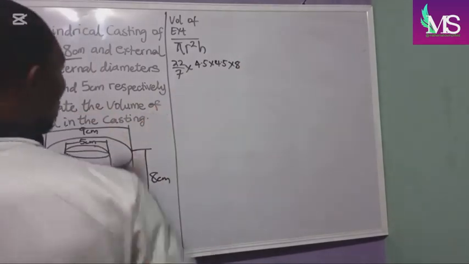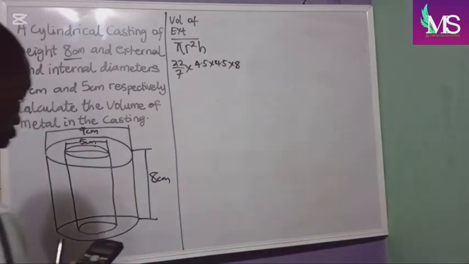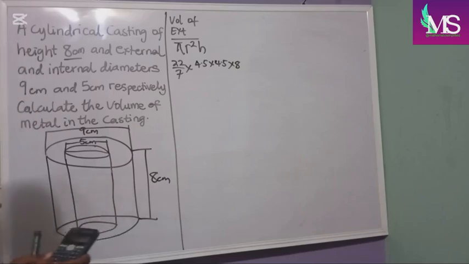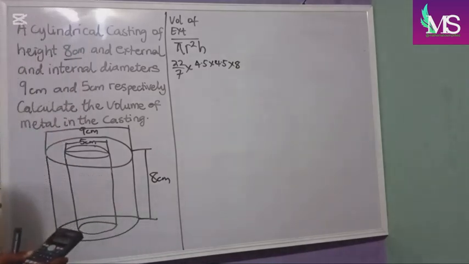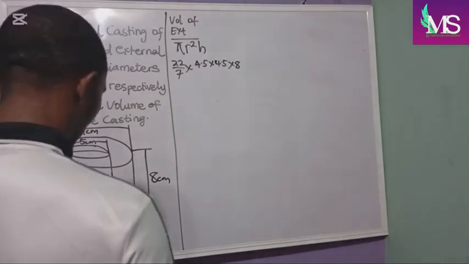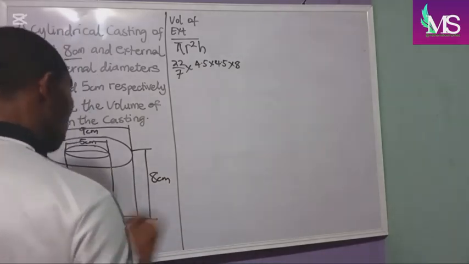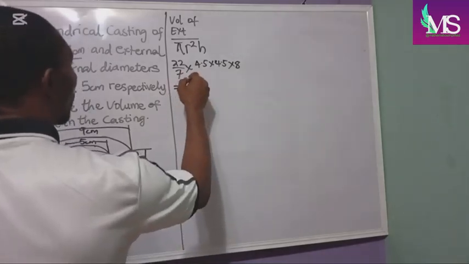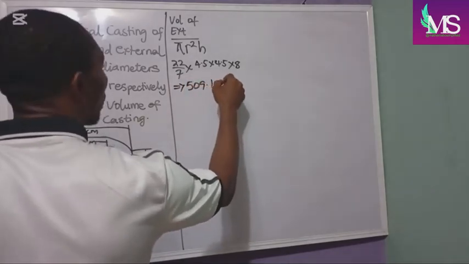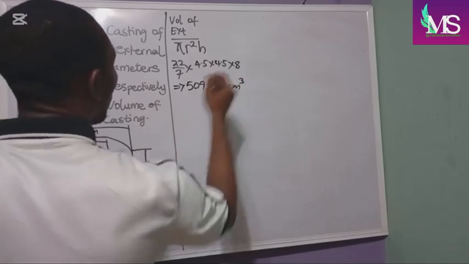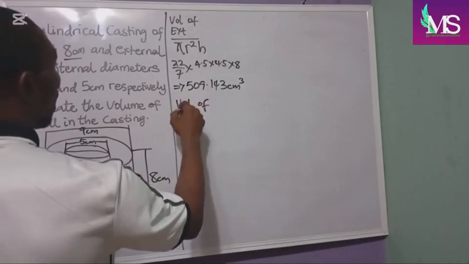This is going to give us 22 times 4.5 times 4.5 times 8 divided by 7, which will give us 509.143 cm cube. Alright, now volume of internal.